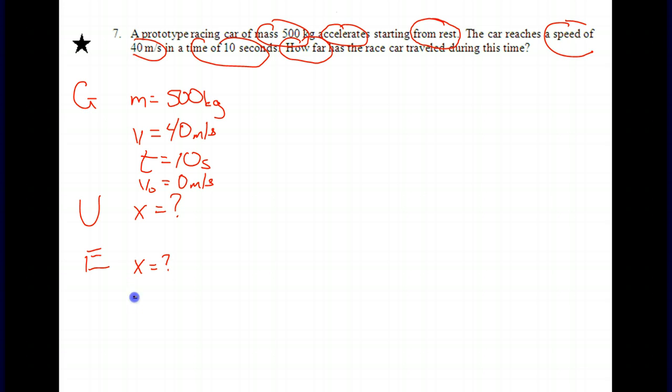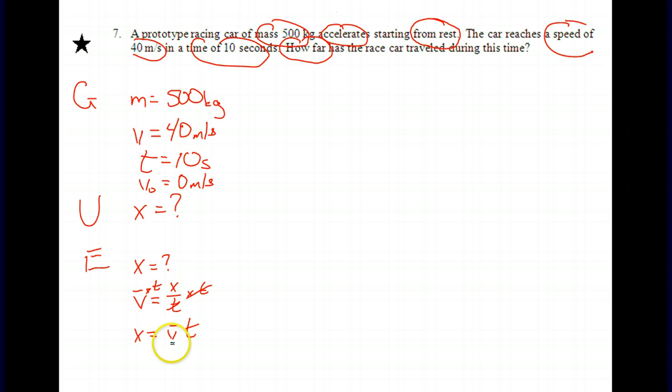So if you remember back to the basic formula for velocity, an average velocity, we just need to know the total displacement over the total time, and then when we rearrange this and solve for displacement, we will get displacement is equal to the average velocity multiplied by the time, because all we've got to do is get rid of time here and multiply this side by time also. So v times t gives us displacement.